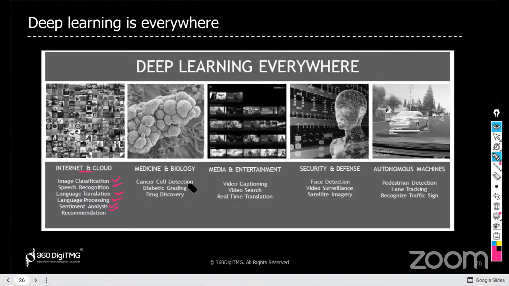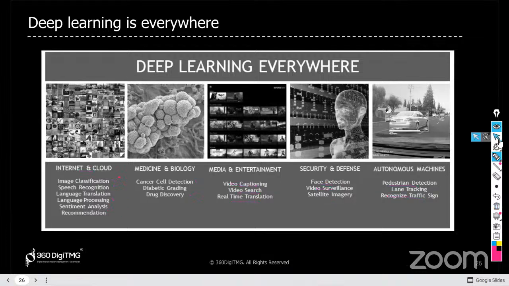Coming to medicine, cancer cell detection, diabetic grading, drug discovery, and video captioning, which we have seen before, search of a video, and real-time translation, detecting faces, surveillance of videos, imagery, satellites, pedestrian detection, recognizing traffic signs.